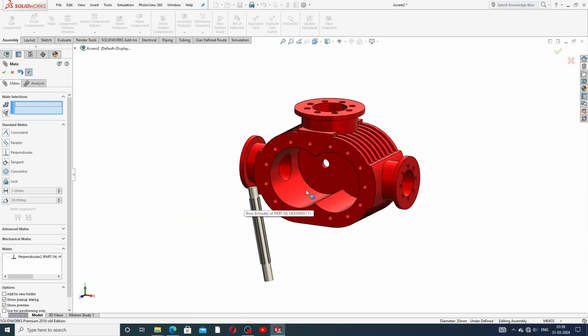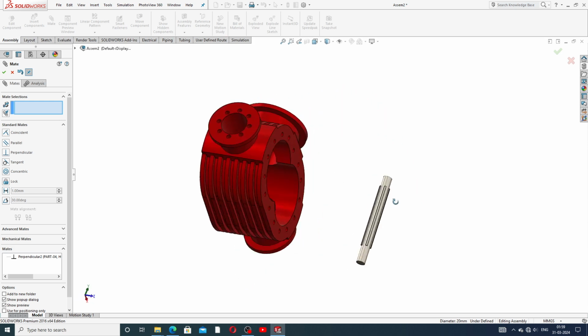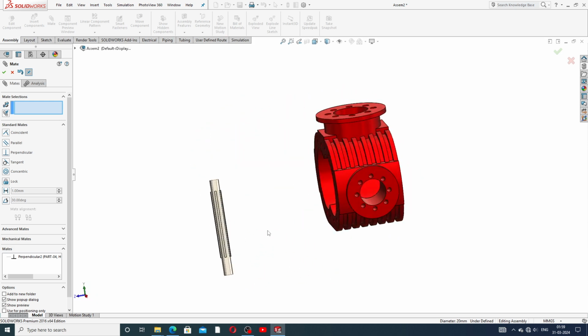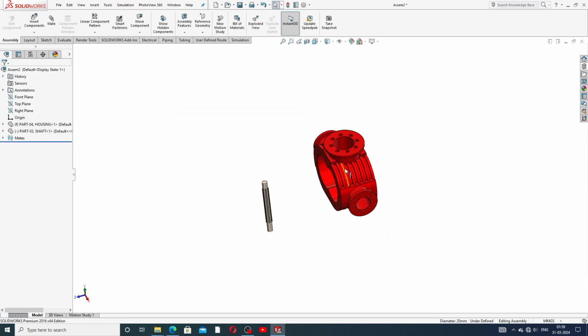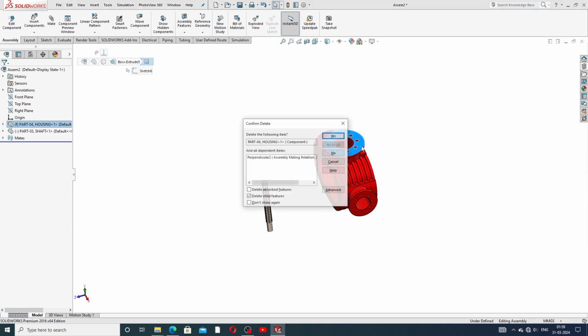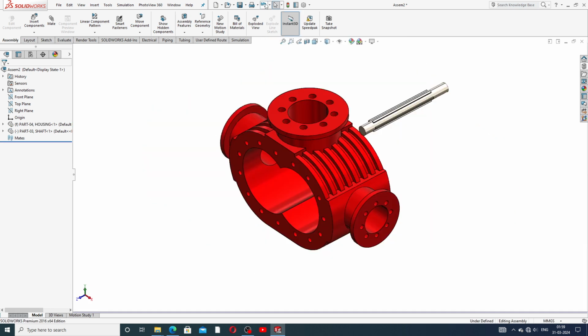Okay, this body is perpendicular here. Both are perfect. Okay, delete this here, and next part is this. Delete here.